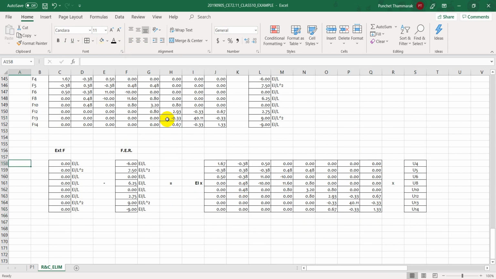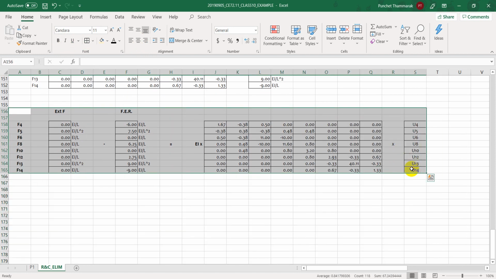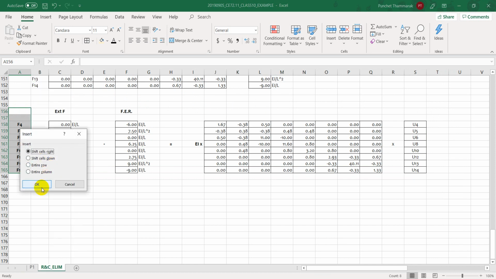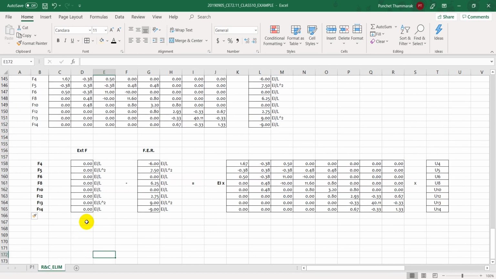Basically, this line is associated with F4, F5, F6, F8, F10, F12, F13, F14. And maybe we shall just, oh, sorry, we shall just insert and push to the right. Okay. That looks good. This equals all of this.